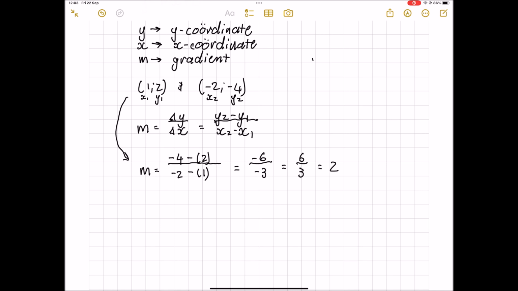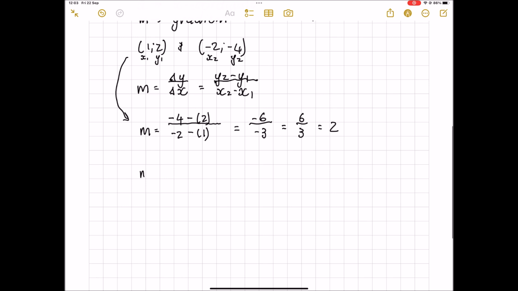Now let's say you used the 1 and 2 as x2 and y2, and -2 and -4 as x1 and y1. So then, again, y2 minus y1 over x2 minus x1.